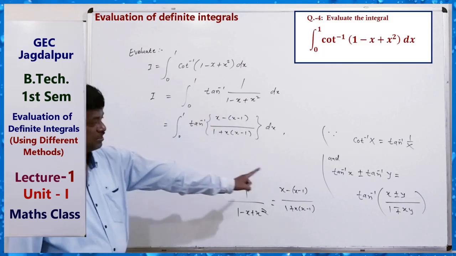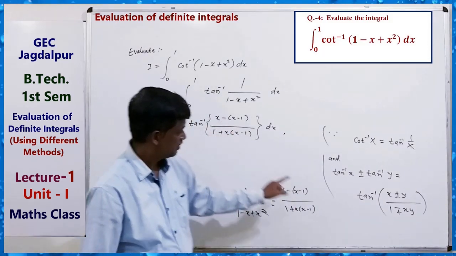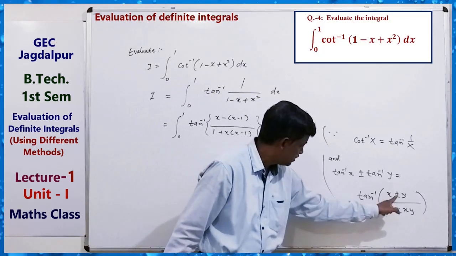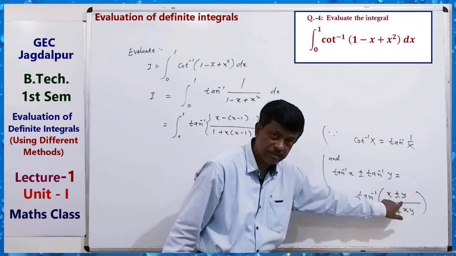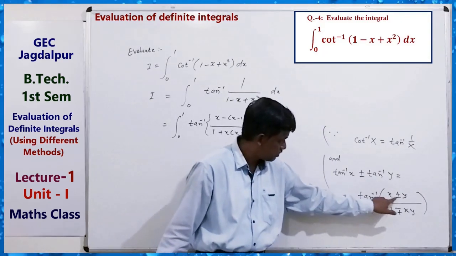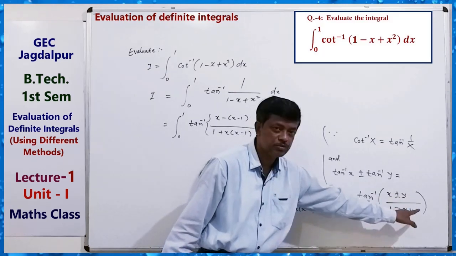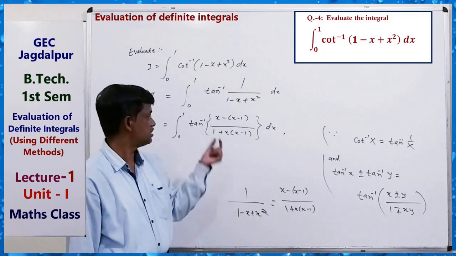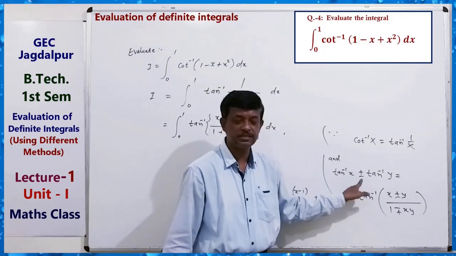Now we will use this formula. Here minus sign, x minus y, in place of y, x minus 1. So x minus y upon 1 plus xy. This is x, this is y. So here minus is minus.